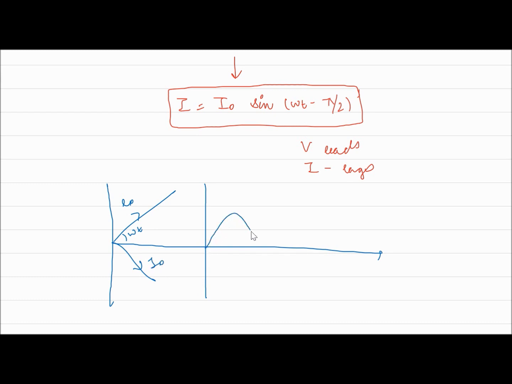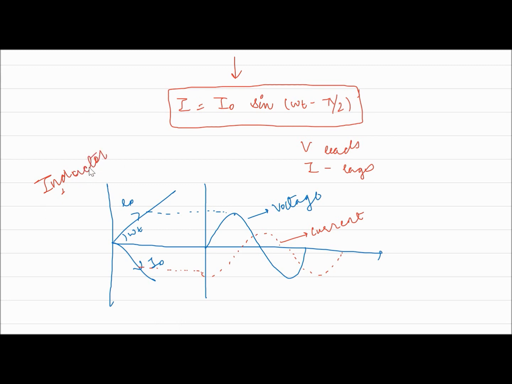So this is the voltage curve, and the second curve that we have is this one, and it is the curve for current. This was the graph for an inductor.